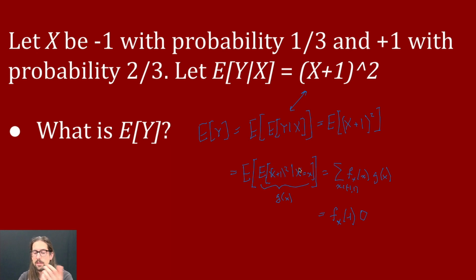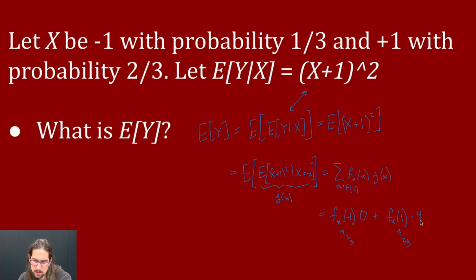It's a constant, right? And then I have the other case at x equals 1. And by the way, I know this is 1/3, and I know this one is 2/3. And the value of this when x equals 1 is 1 plus 1 squared is 2 squared is 4.